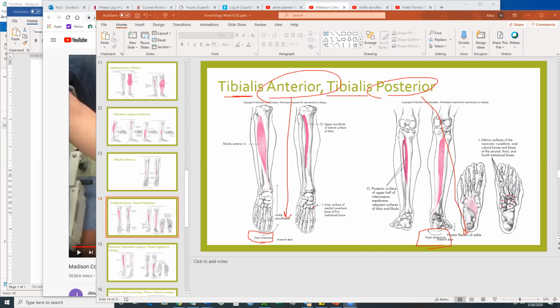Tib anterior inserts on the top side of your foot, so it helps pull your foot up. Tib posterior inserts on the bottom of your foot, so it helps pull your foot down.